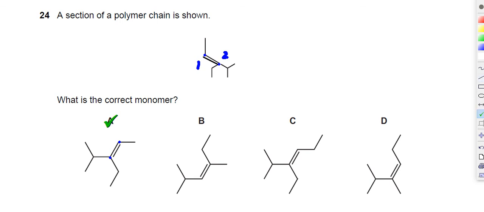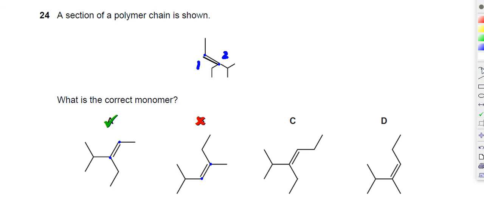Now we check B also. The two carbons sharing the double bond. Carbon number 1 is bonded to a CH3, carbon number 2 to an ethyl and also another big alkyl group. But can you see in B, carbon number 1 is bonded to CH3 and the ethyl group. So B is not the answer.